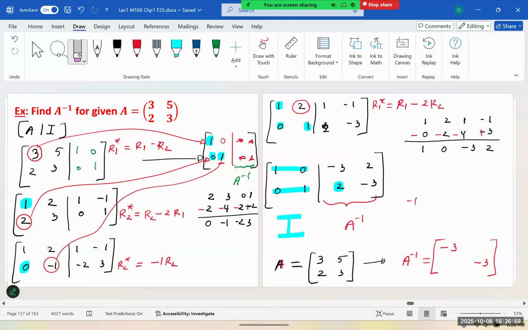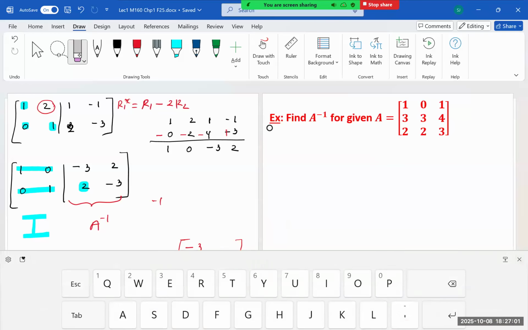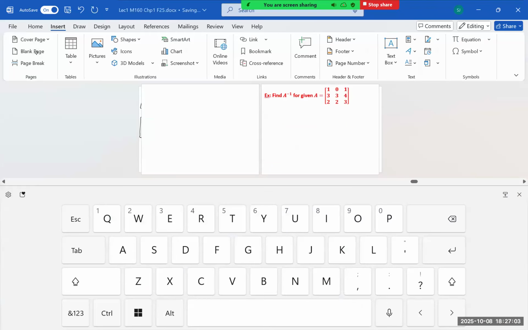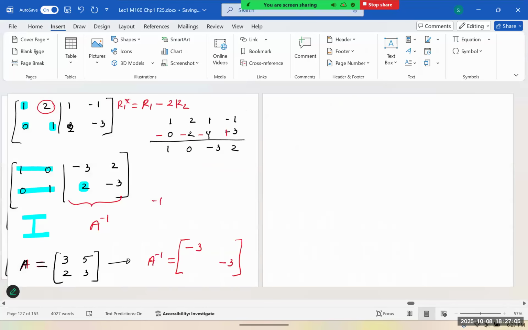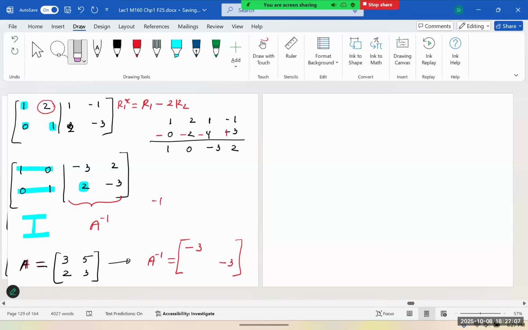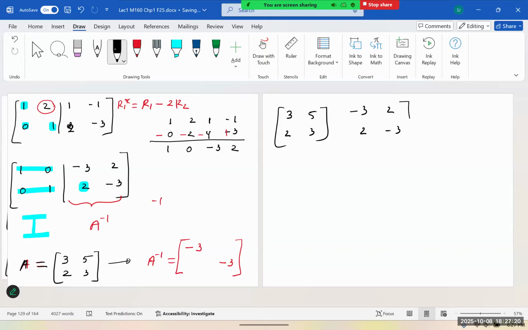No. Okay, let's multiply real quick. 3, 2, 5, 3. And we got what? -3, 2, 2, -3. I'm pretty sure this is wrong because we're supposed to have the same 2 numbers, but in reverse position.